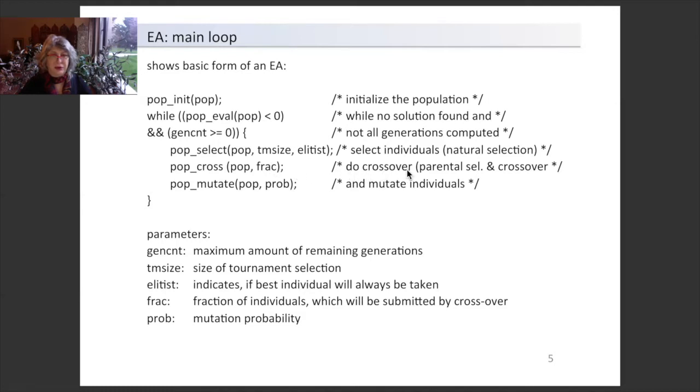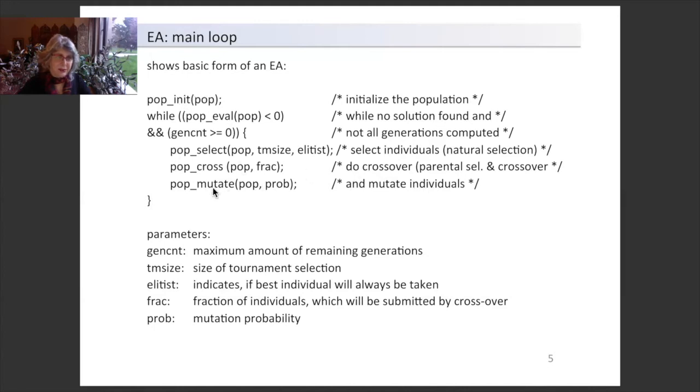Do parental selection and crossover. And then after the crossover operation, we will apply population mutate. On the population, according to some probability given as a parameter, the mutation operation will be applied on the individuals.